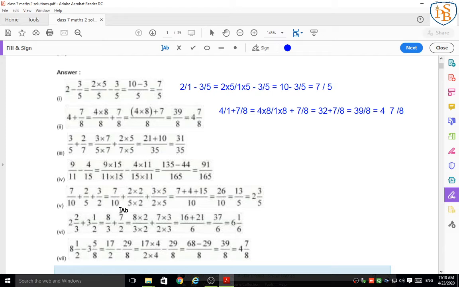So 7 upon 10 will remain the same, plus 2 upon 5. To equalize the denominator, it is necessary that the denominator should be 10. So 5 2s are 10, so we are going to multiply this denominator with 2, and because of that we also multiply this numerator with 2.